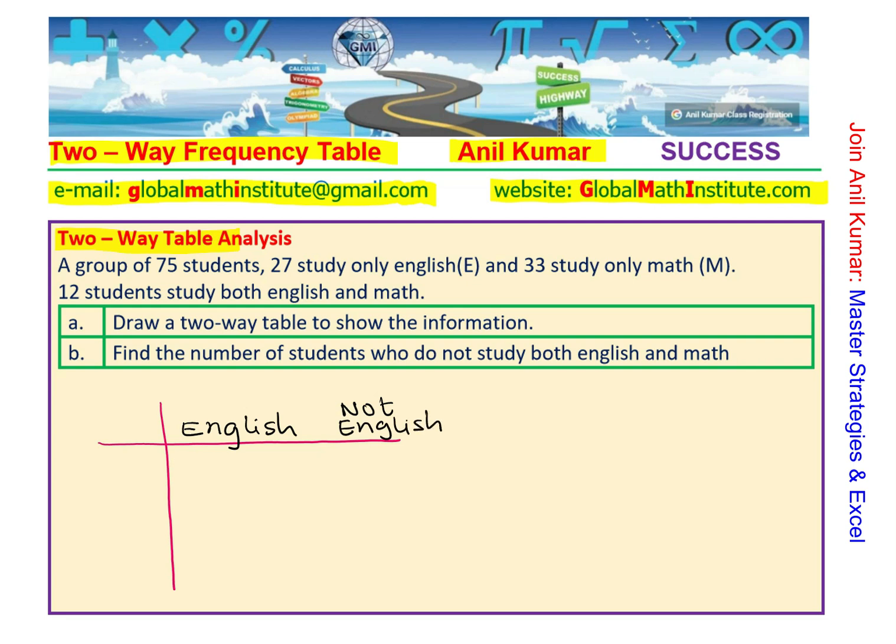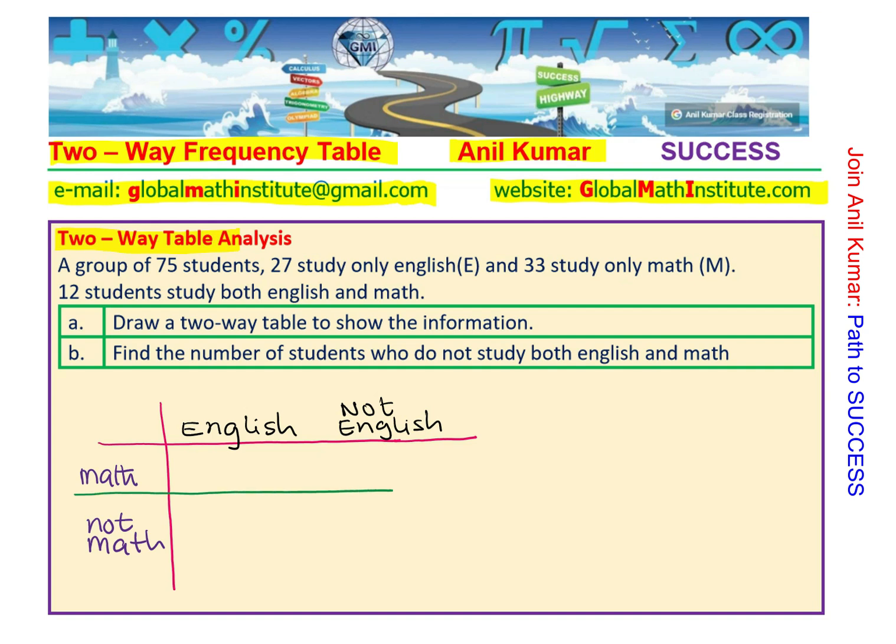So we made two columns, one with English, one with not English. Similarly, on the other side, we can say math and not math. So they become two rows. So we have a 2 by 2 kind of table here to begin with.